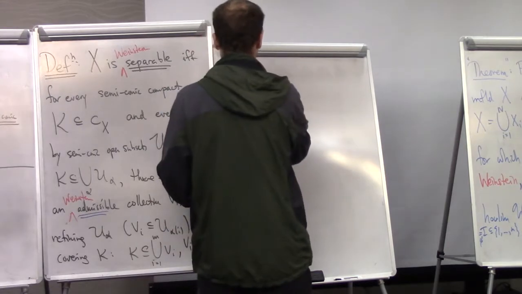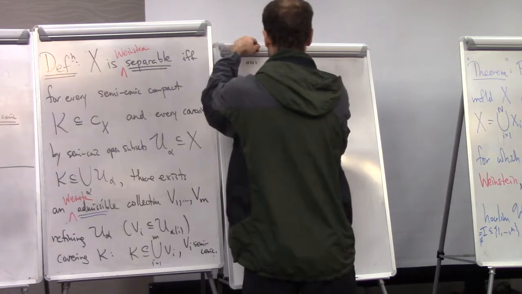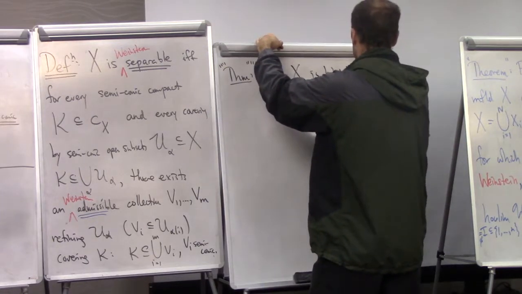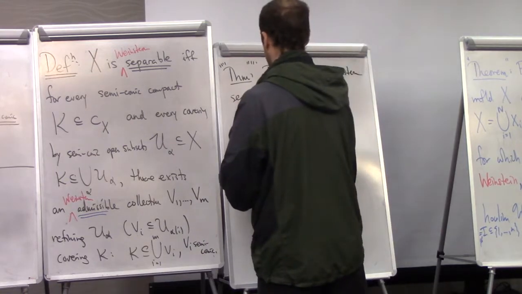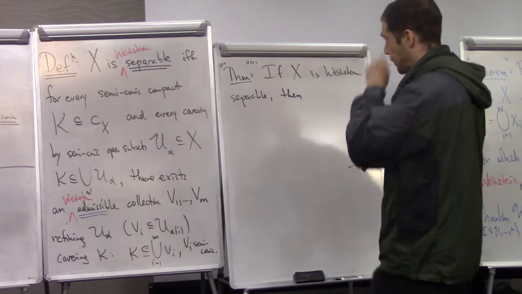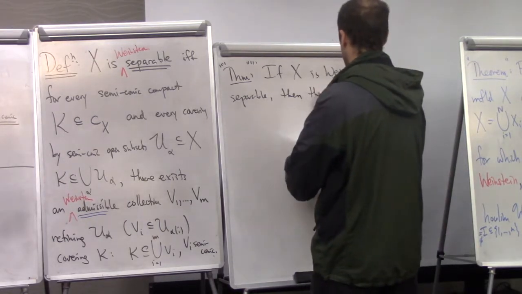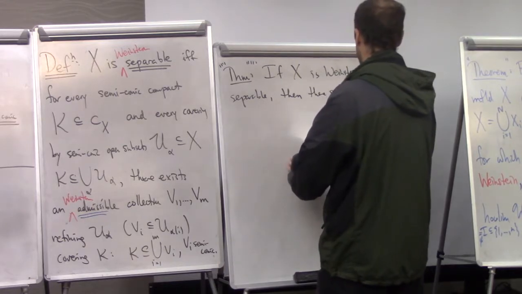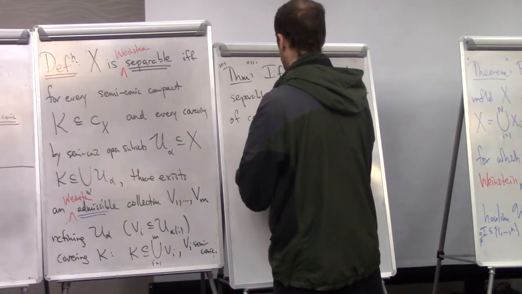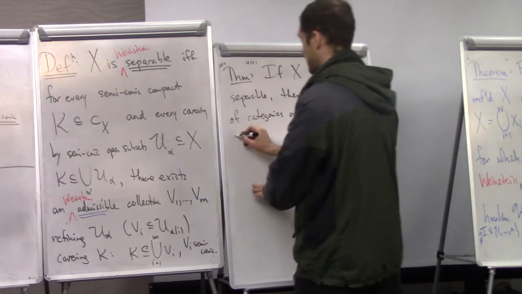Okay, so then this has even more quotes than that theorem. If X is Weinstein separable, then there is a Cauchy sheaf of categories on the core of X in the semiconic topology.